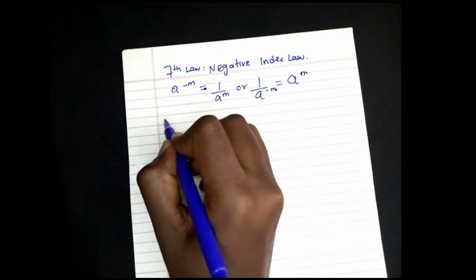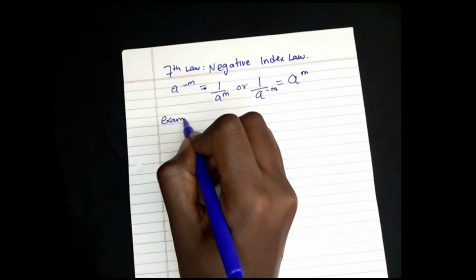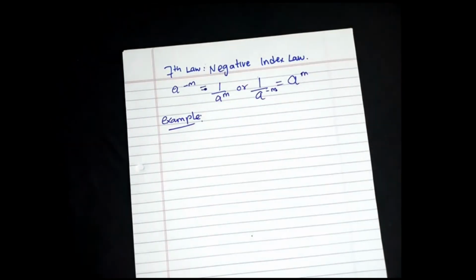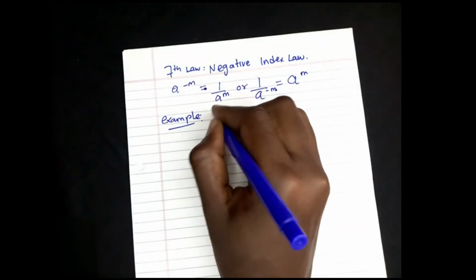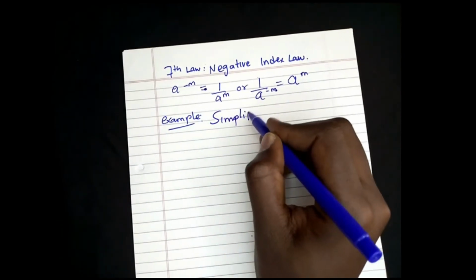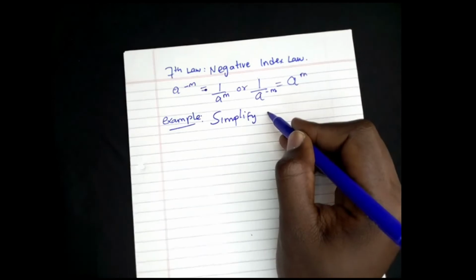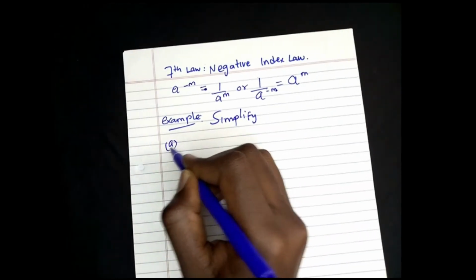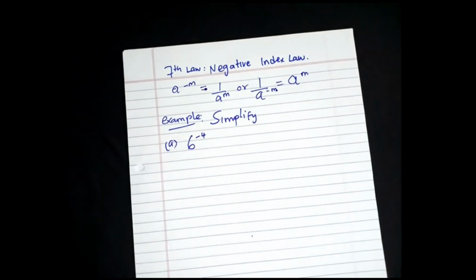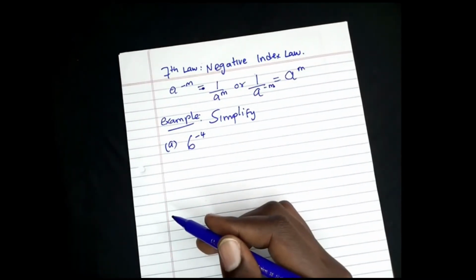We can look at an example. Simplify 6 power minus 4. And how do you go about it?